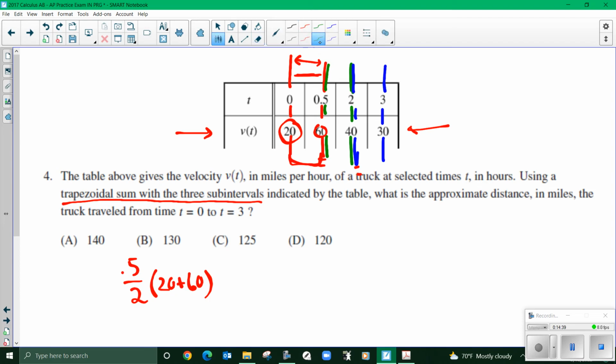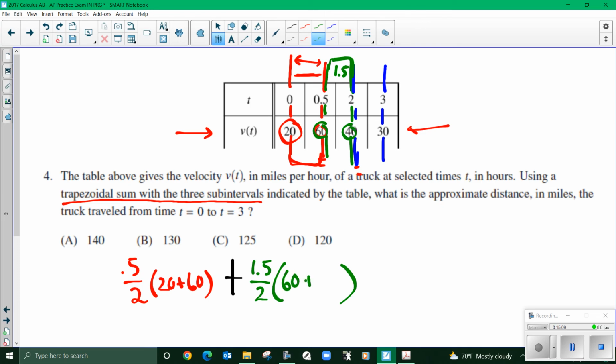My next subinterval is from here to here. That has a width of 1.5. So I'm going to take whatever I get in red and add that. New trapezoid rule. I take the width and put it over 2, and I multiply it by all my values. I have 60 and 40. I have no middle terms in between 60 and 40 to double.